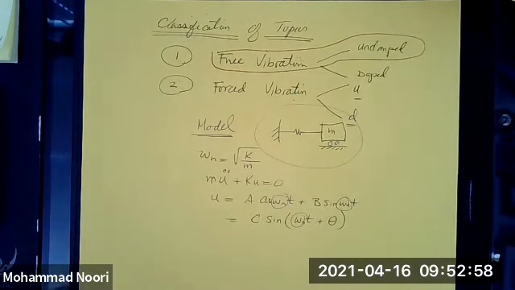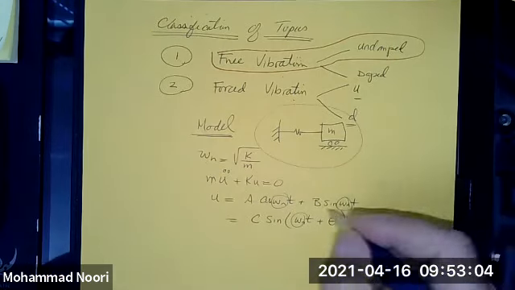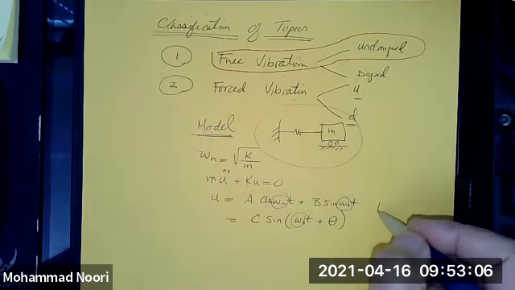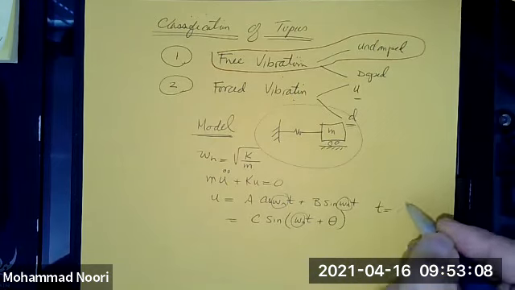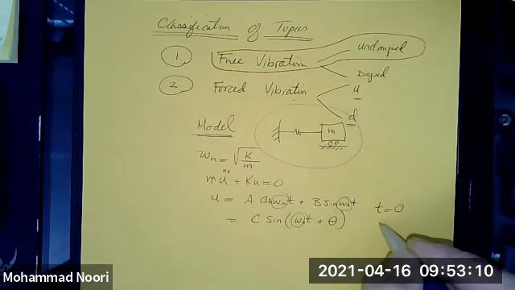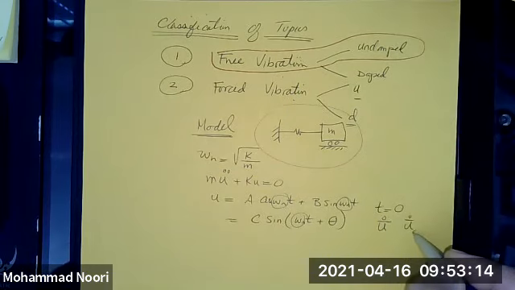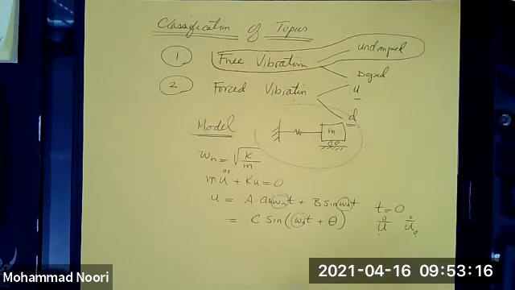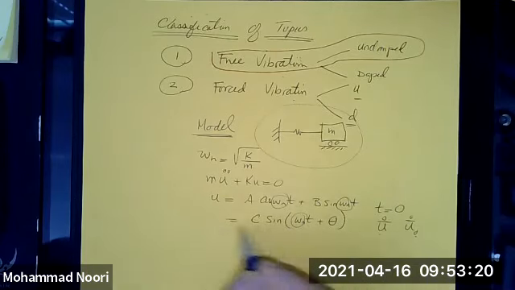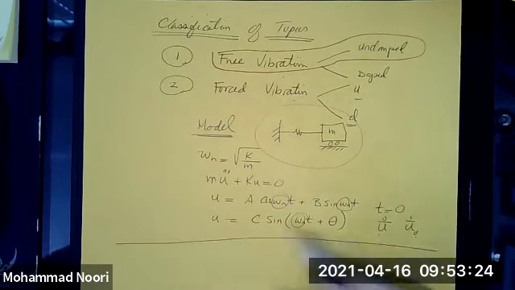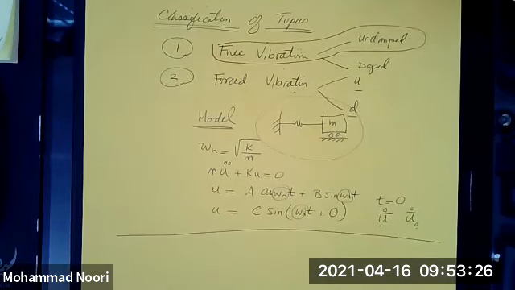So the frequency of that motion, which is sinusoidal motion, is called the natural frequency. We showed you how you can actually solve for these constants by using some initial conditions. Let's say at time equal to 0, you have the value of the displacement and the velocity. So we set up also the response in terms of those initial conditions. But that's all we have done so far.